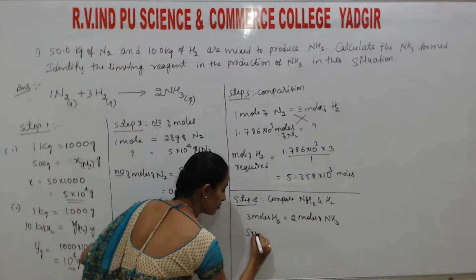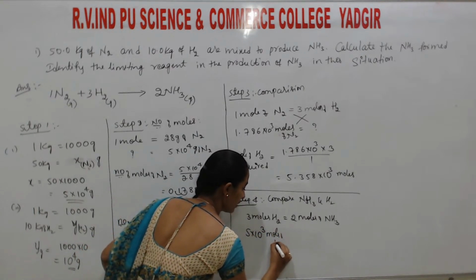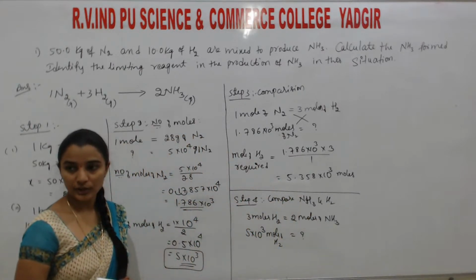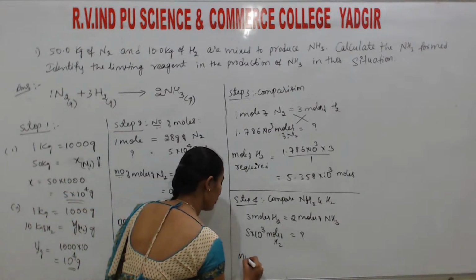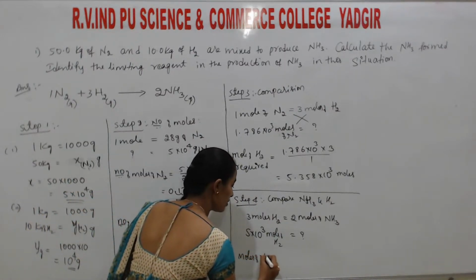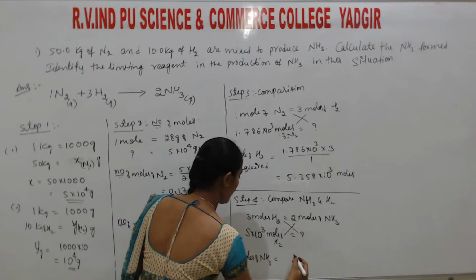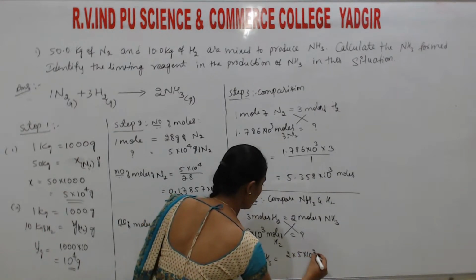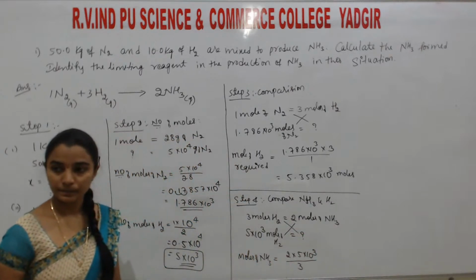So 5 into 10 power 3 moles of H2 is equal to how many moles of NH3? Okay, so the moles of NH3 is equal to, if we cross multiply, we'll get 2 into 5 into 10 to the power of 3 divided by 3.